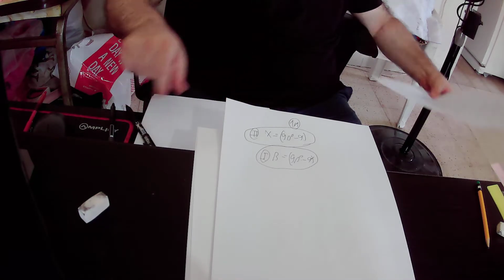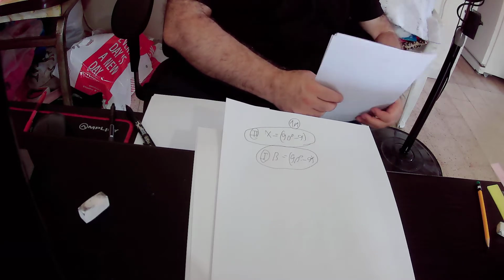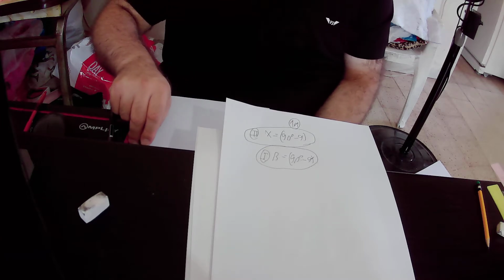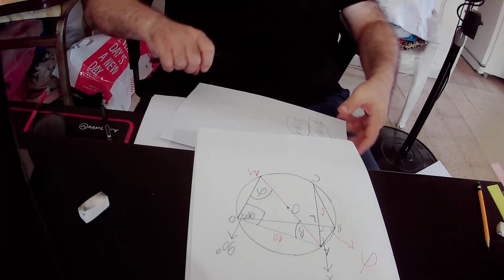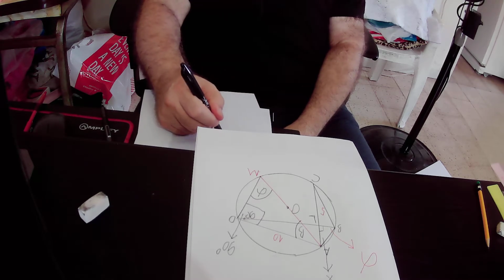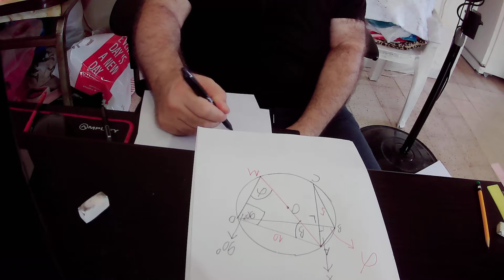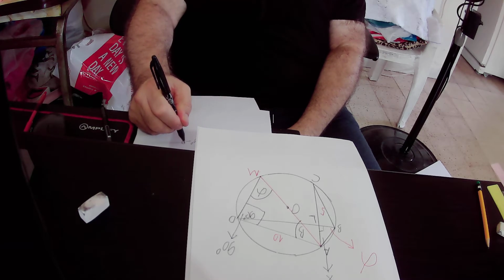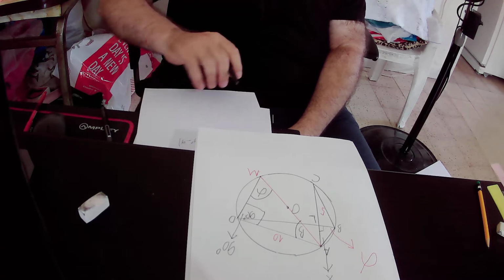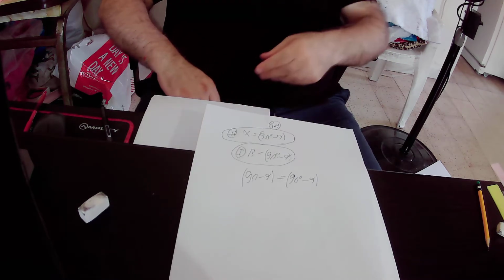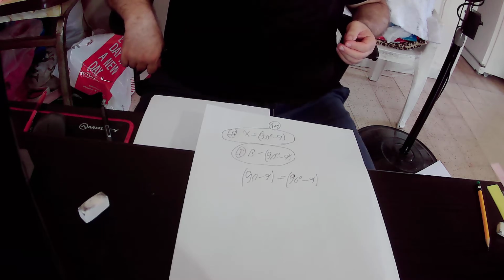but I can show you that it's true the long way. We will write down that 90 degrees minus alpha equals 90 degrees minus alpha.